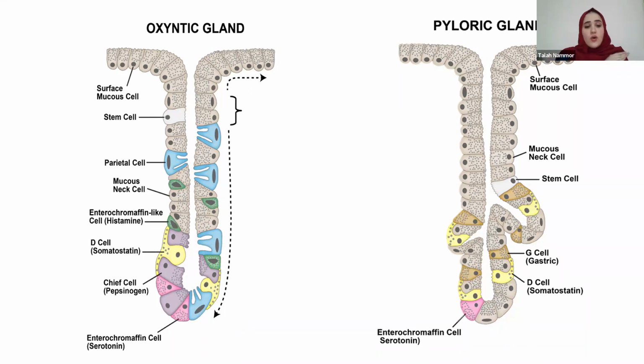As for this slide, the only important thing is that we have the oxyntic gland, and you should know what cells are there. We have the parietal cell, and then we have the enterochromaffin-like cell. Is this clear? Come on. Guys, do you need to repeat anything about the parietal cell or the enterochromaffin-like cell?